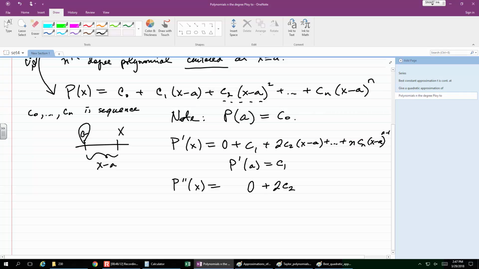And the last one, so you add all of these terms, and look at what happens. The coefficients start to accumulate after every differentiation. So I'm going to have n times n minus 1 times Cn times x minus a to the n minus 2.